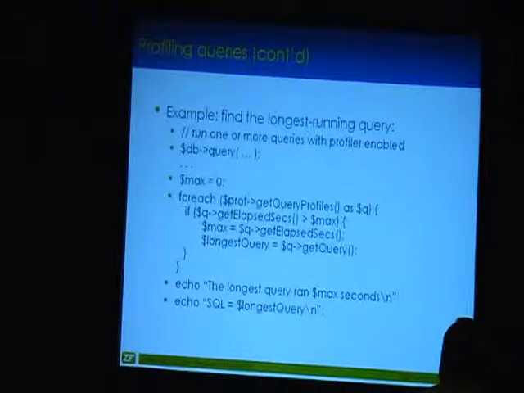And then subsequently, you can get a list of all the query profiles that it recorded and the timings for each of them. Loop through it, find the one with the greatest value for the elapsed seconds of the query, and that's the one that turned out to be the longest running query.